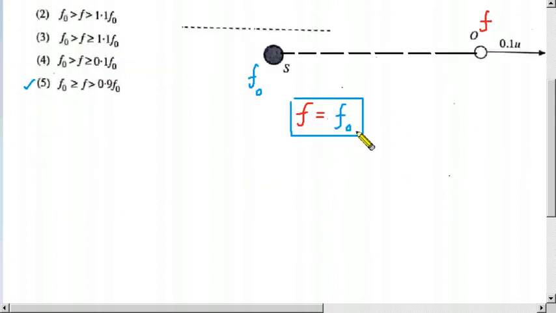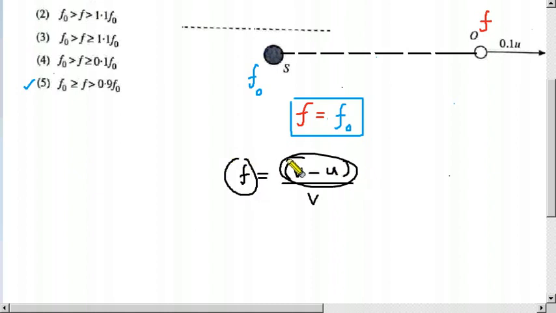Since the observer is moving away, f equals, if the observer is moving away, the bracket part is on the line, like this. If it is moving away, the frequency must decrease. Therefore this one minus u, because this one should decrease, so this one also should decrease. Therefore minus, not plus, then times f naught.